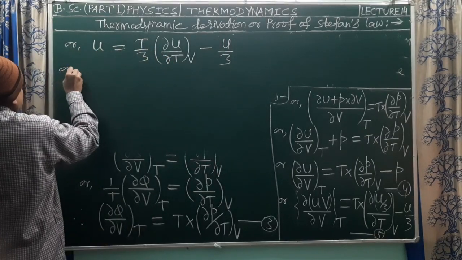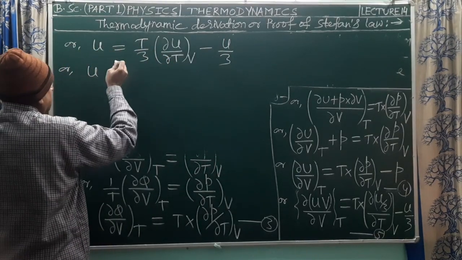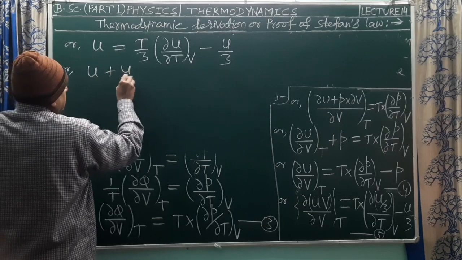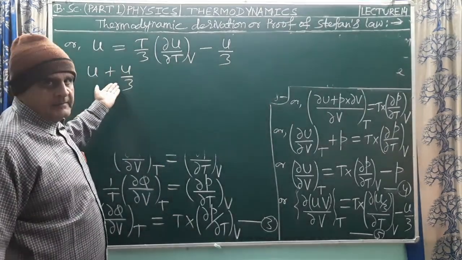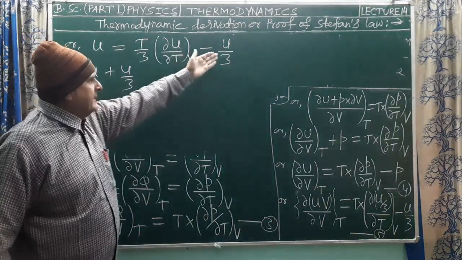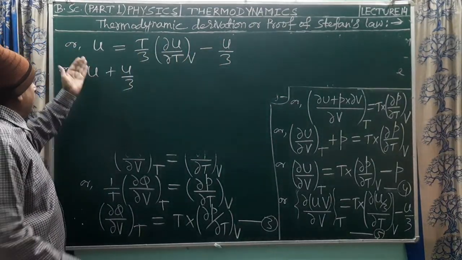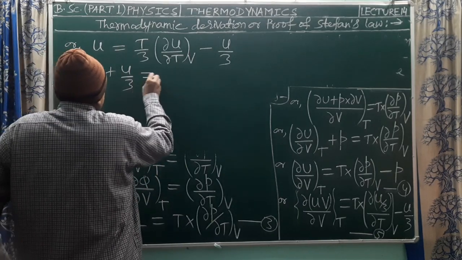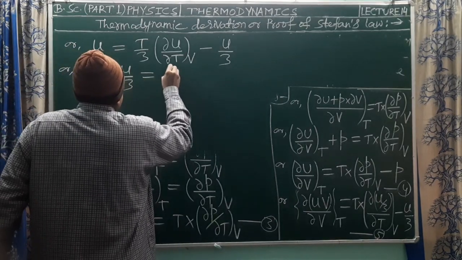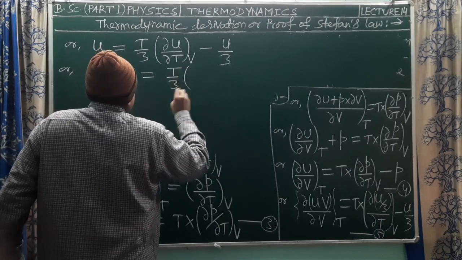Now we have a small u in the LHS, plus u by 3, minus u by 3 from the RHS, taken into the LHS as plus u by 3. Bringing the minus u by 3 into the LHS makes it plus u by 3. The first term in the LHS is already the small u, the energy density of radiation, equal to T upon 3.